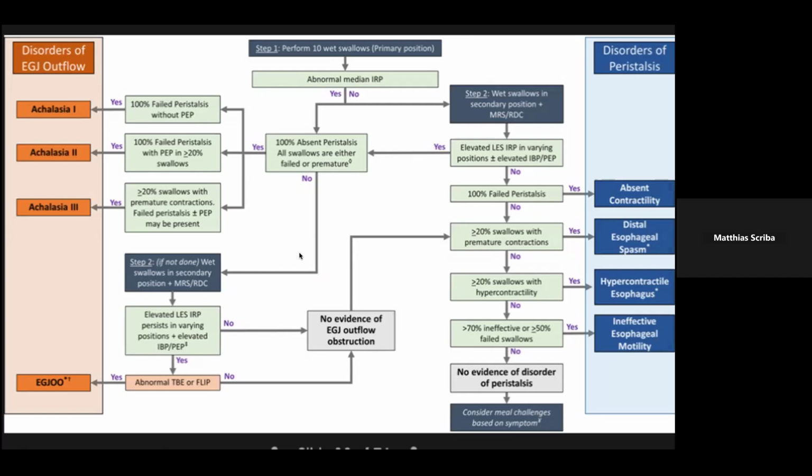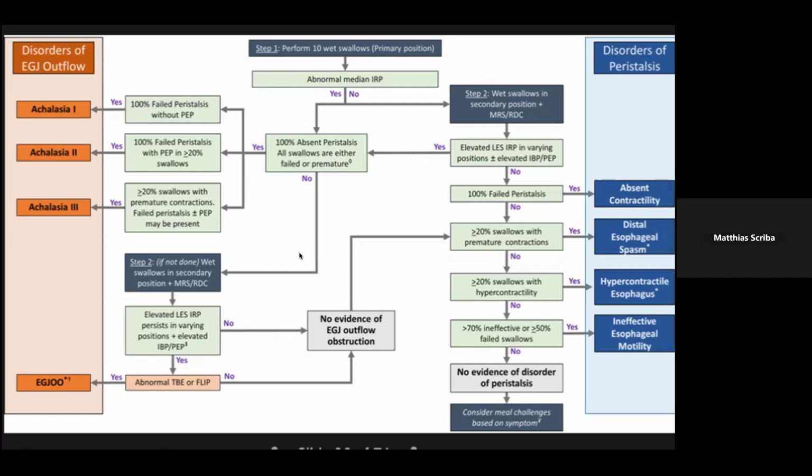We're in a very lucky position here where we can discuss cases with international experts on webinars, people who've helped write Chicago 4, for example, and sometimes they also debate and come up with things. Like anything in medicine, it's not perfect, but this is the framework we use, and it's nice to have a patient that fits one of these. Doesn't always mean we can manage them specifically, but it is nice for them to fit into these categories.